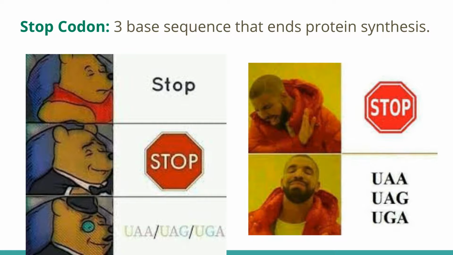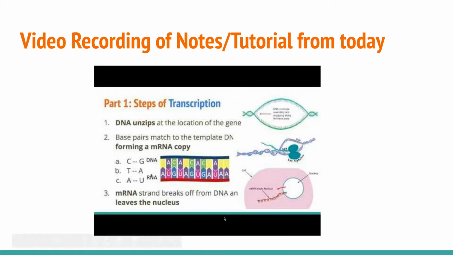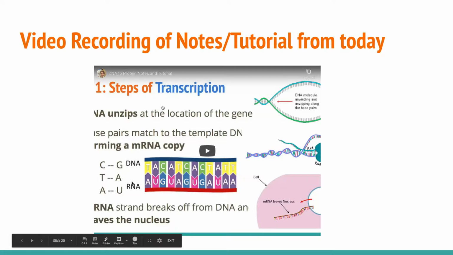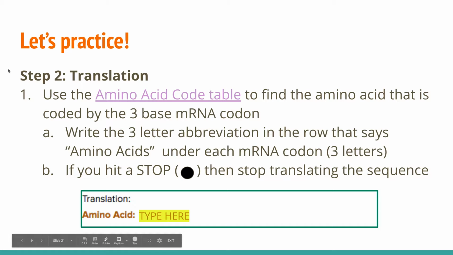So stop codons are 3-base sequences that end protein synthesis. So here are the different codes for the stop codons. And then I will attach, this is Miss Buckles, but I'm going to put in mine as well. And then step 2 is translation, remember, using the amino acid code table to find the amino acids that are coded by the 3-base messenger RNA codons.